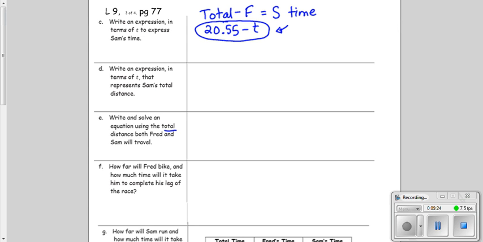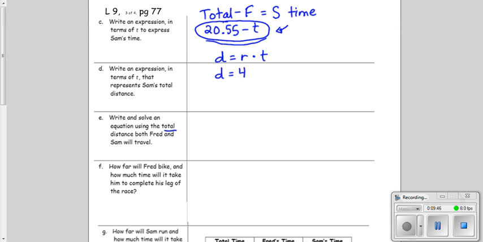Write an expression in terms of t that represents Sam's total distance. Again, the distance formula is distance equals rate times time. So we want Sam's distance. We know that Sam's rate is 4 miles per hour, and Sam's time is expressed right here.